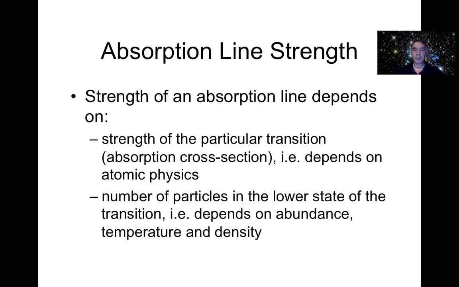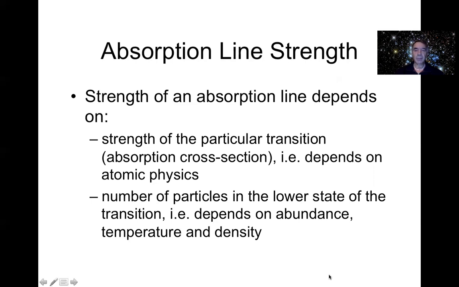For absorption lines, everything depends on the population of the lower state of the transition. You go from a lower state to an upper state. Everything depends on that starting point: how many electrons are in that lower state ready to go.